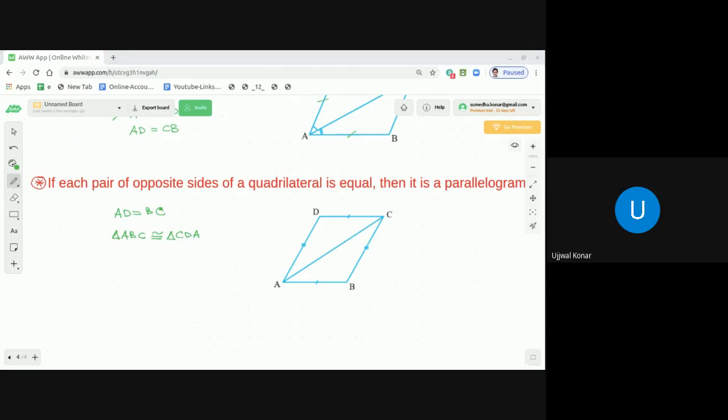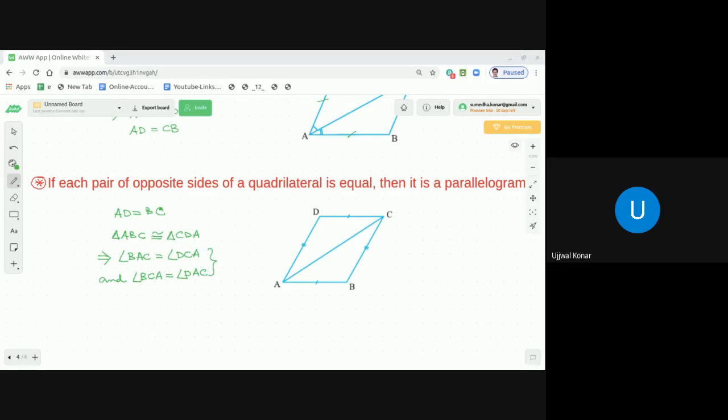Angle BAC is equal to angle DCA, correct? And angle BCA is equal to angle DAC, correct? So obviously from these two statements we can say that ABCD is a parallelogram, correct or not?